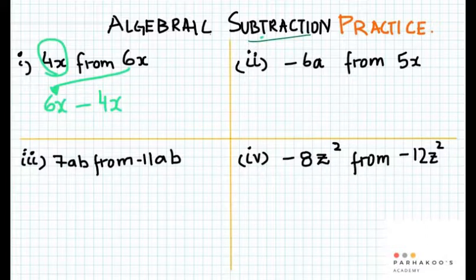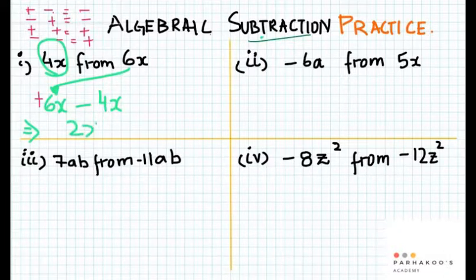Again, you need to remember, here we have plus with this and minus with this. So plus minus is minus, so we need to subtract them. So 6 minus 4 is 2x, and the sign of the bigger term is plus, so we don't write it.